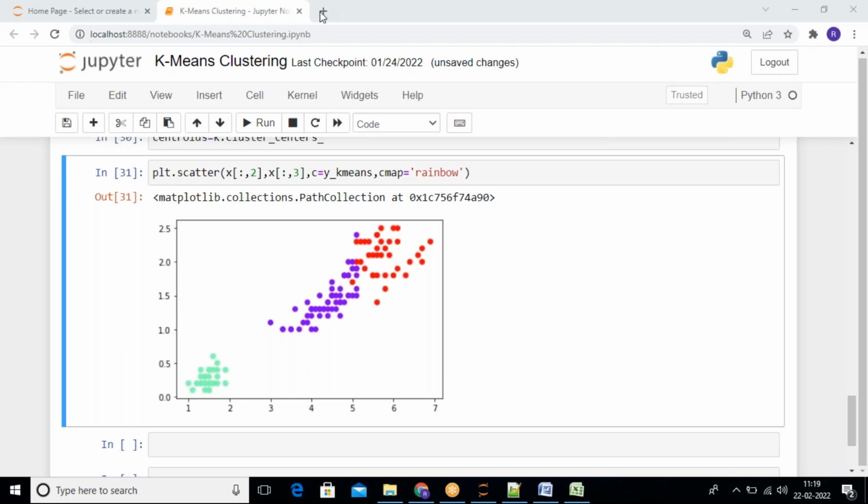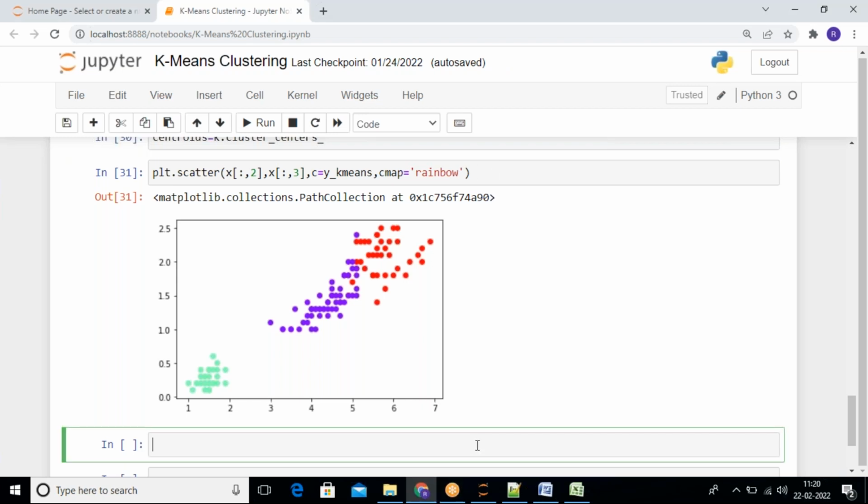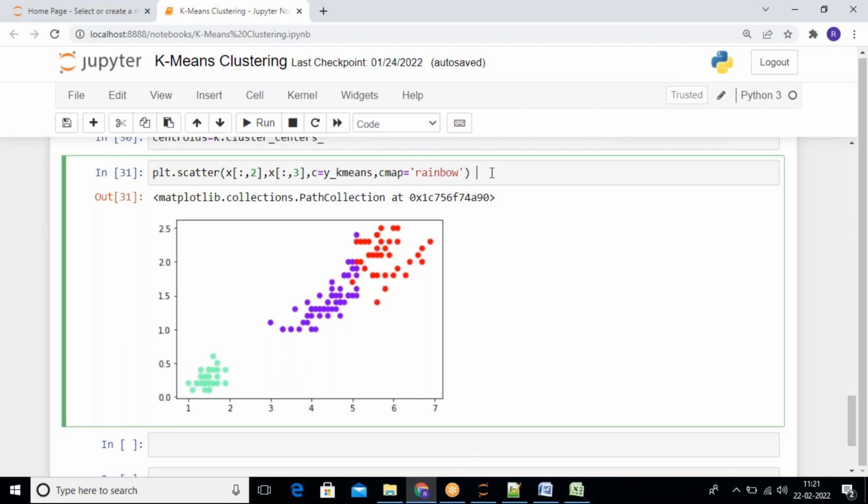I have sent it. Hope so there is no doubt. And if there is no doubt, shall I go for another algorithm? Deepi Ranjan saying yes. Very good.